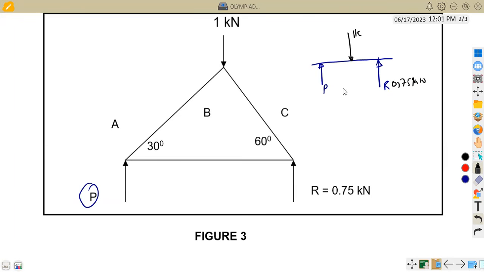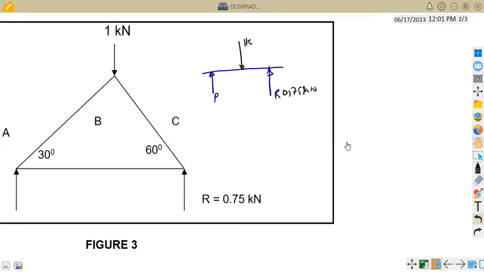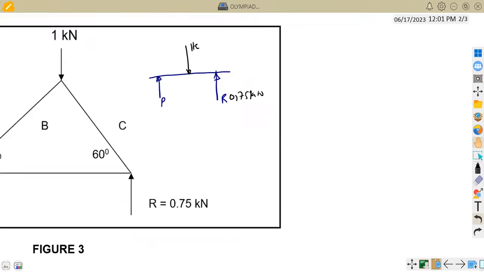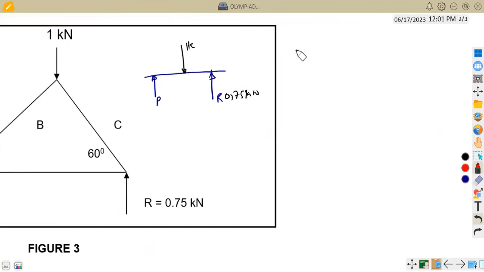So how can we calculate P? We know that the sum of forces up should be equal to the sum of forces down. In this case, the upward forces are the forces pointing up, the supports.